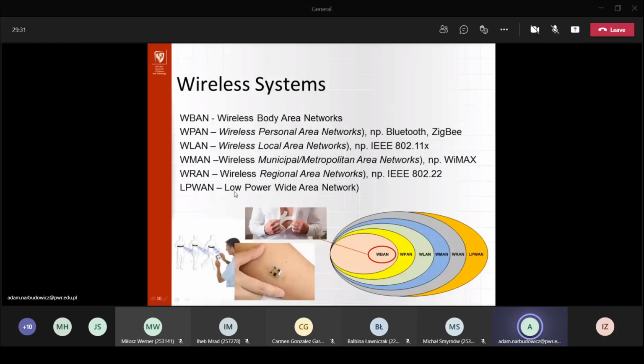But also the first two letters mean that the communication needs to be in the low power mode. So this is intended for application of wireless sensors that are deployed in sometimes very remote areas. And well, the low power comes from the fact that you cannot go every month and replace the battery of your sensor. So the energy needs to be used effectively, also for environmental concerns. Okay, so LPWAN, low power wide area networks.